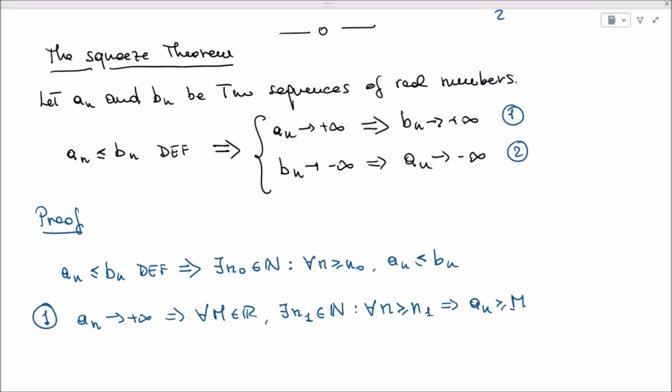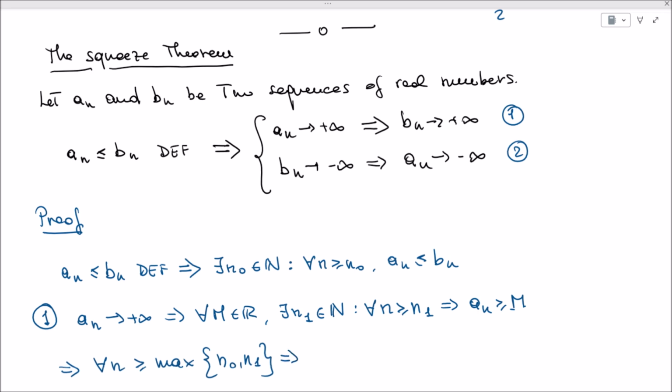But that also implies that for every n that is larger than the max of n0 and n1, if n goes beyond both n0 and n1, then both statements must be true.